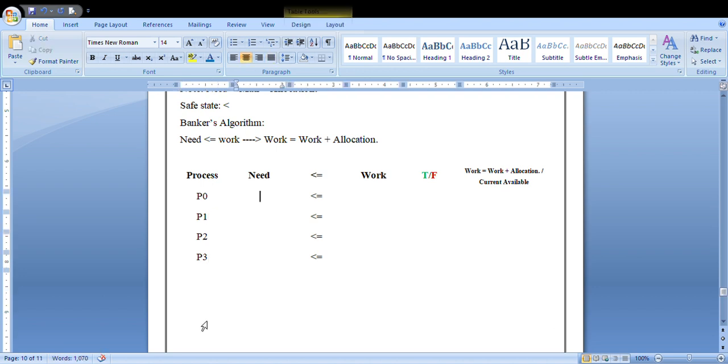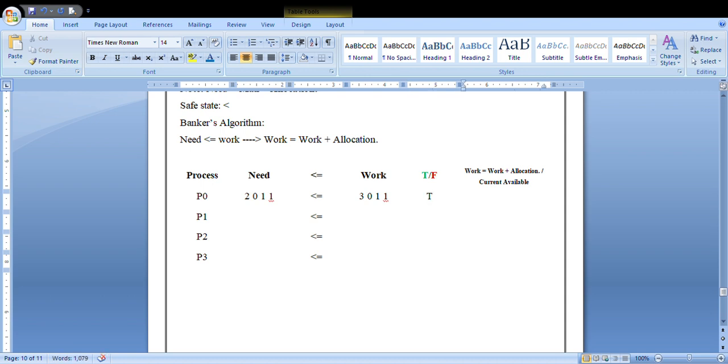What is the need value of your P0 process? It's 2011. Now what is the available value? It's 3011. Whether the condition is true or false, the condition is true.